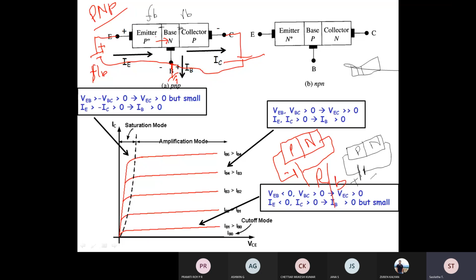Because the base has electrons, normally holes may recombine with electrons.